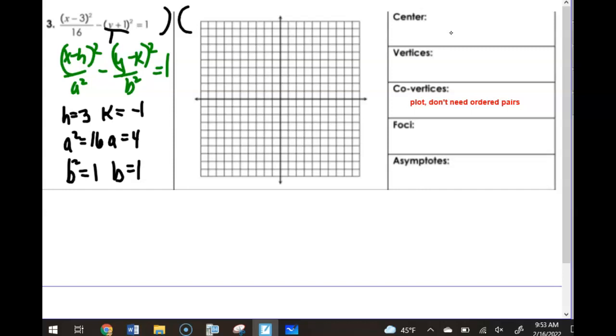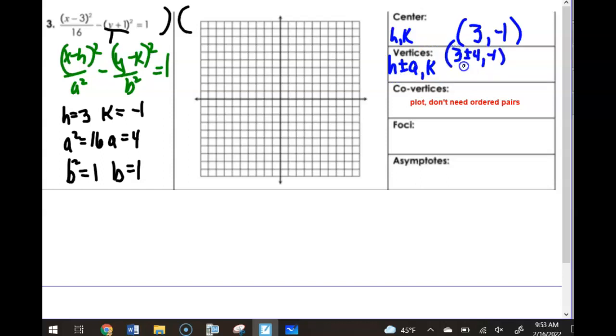All right, we're using the recipe for the one that opens left, right, yes? So the center is just h, k, which would be 3, -1. The vertices are h plus or minus a, comma k, which would be 3 plus or minus 4, comma -1.